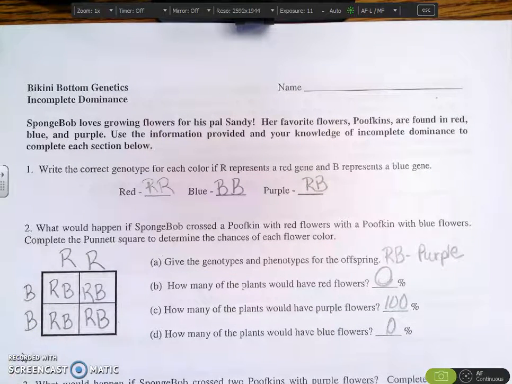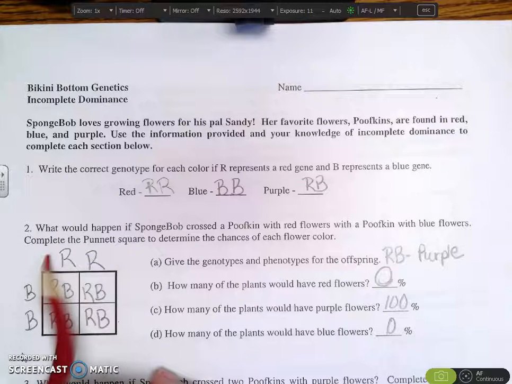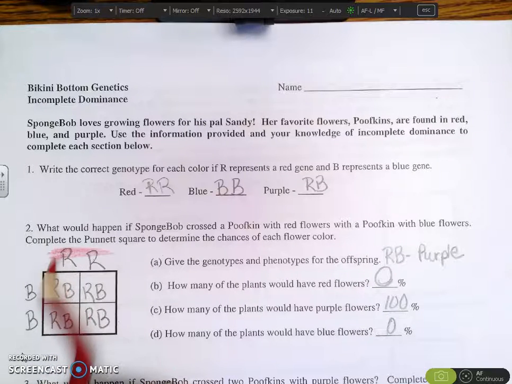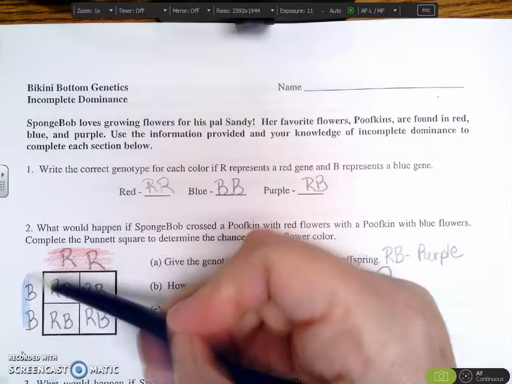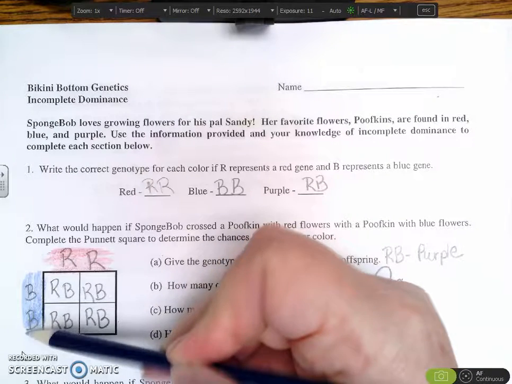One of the things I like to do when first learning is I will color code. So here's my R's. Those are red. Here's my B's. Those are blue. Okay?